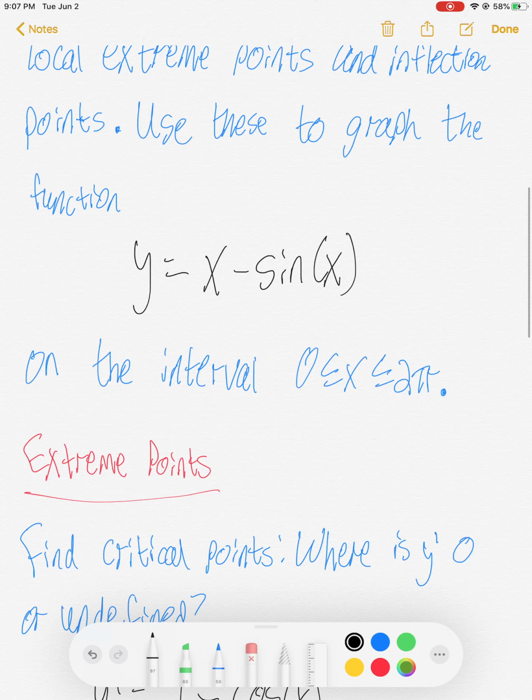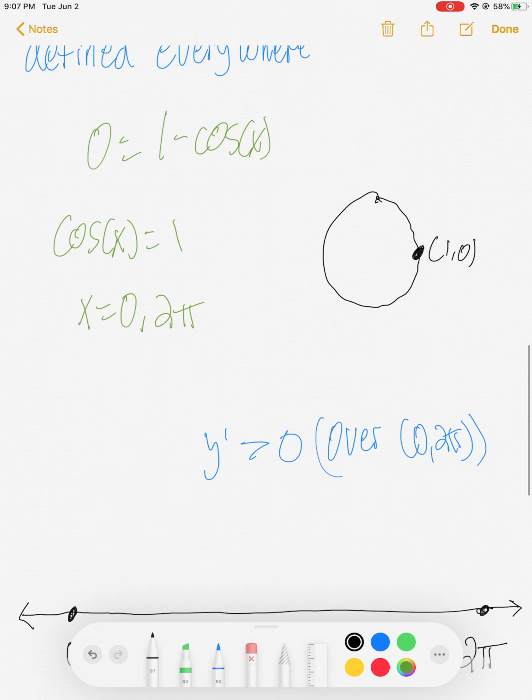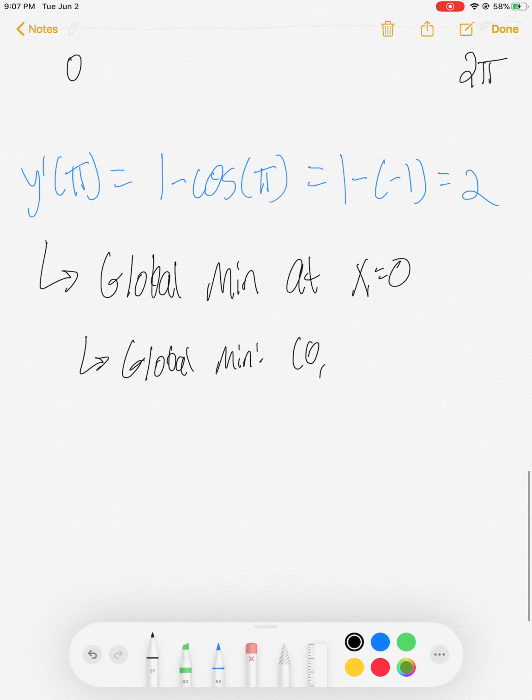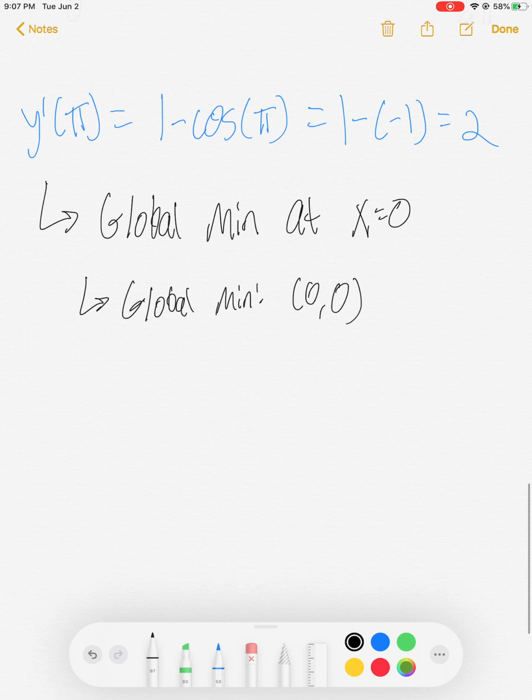So at x equals 0, this gives us a global min of, let's just plug in 0 into our function. Our function was y equals x minus sine x. So I plug in x equals 0, and I get 0 minus sine of 0. That's 0 minus 0, and that is just 0. So global min is 0, 0.